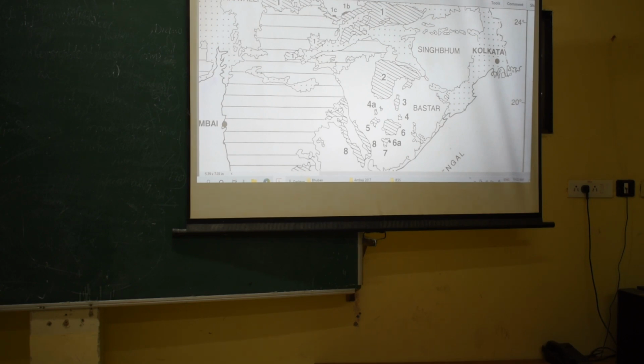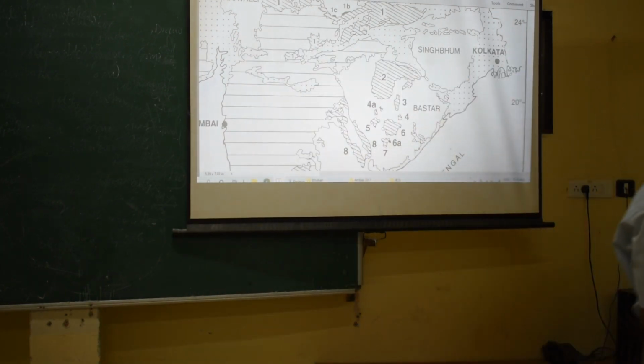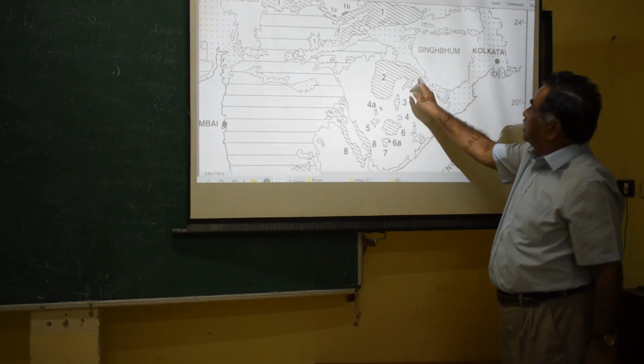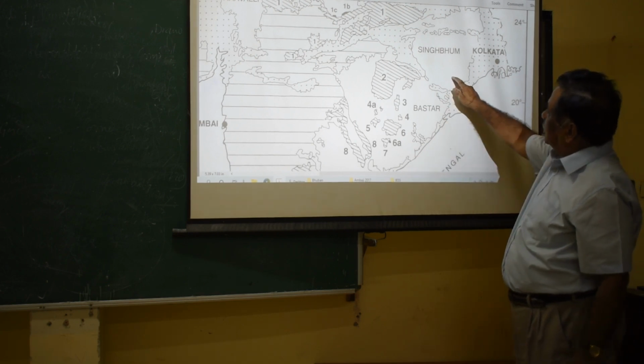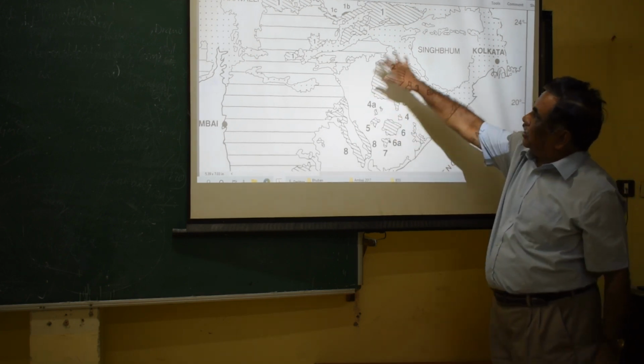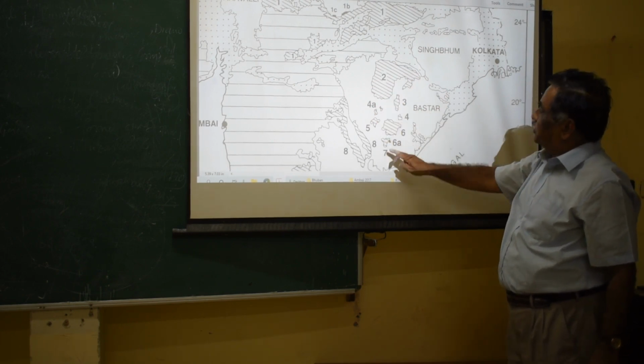See, the second one is Chhattisgarh. You can see what type of outcrop pattern it has. Eastern Ghat is this side, and this is Kraton. Over the Kraton, all these platform rocks are deposited.